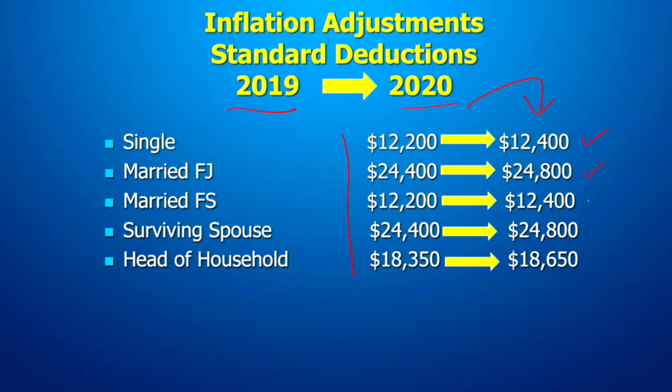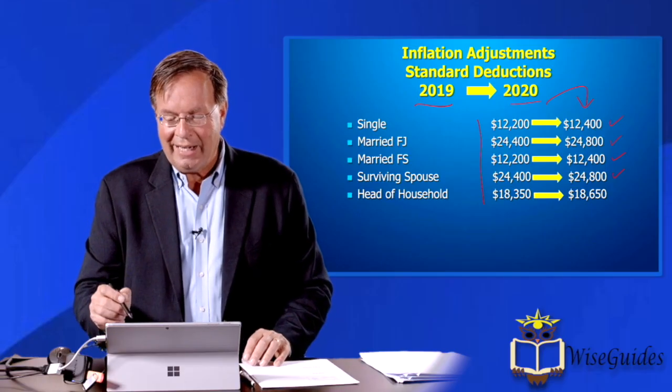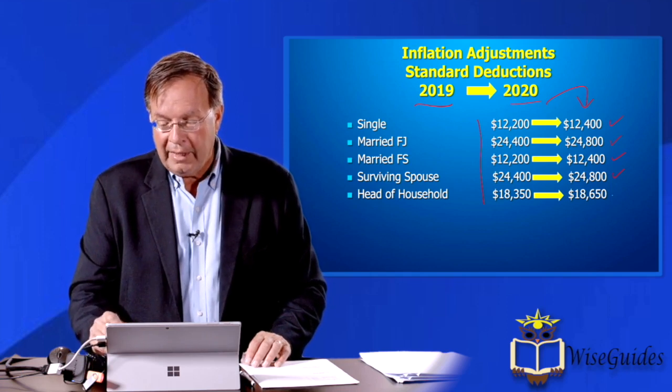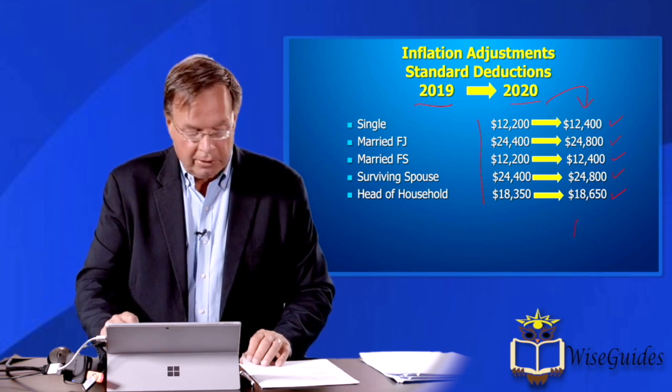The married filing separately, which is half of the married filing jointly, is $12,400. The surviving spouse stays the same amount as married filing jointly. And the head of household is the only one that doesn't break quite as evenly as I wish it did. It's not exactly halfway, but it's close because of the indexing rules. It's $18,650. So our focus is on this column.